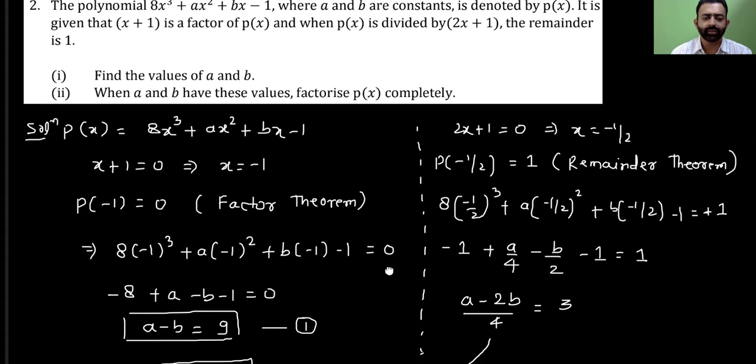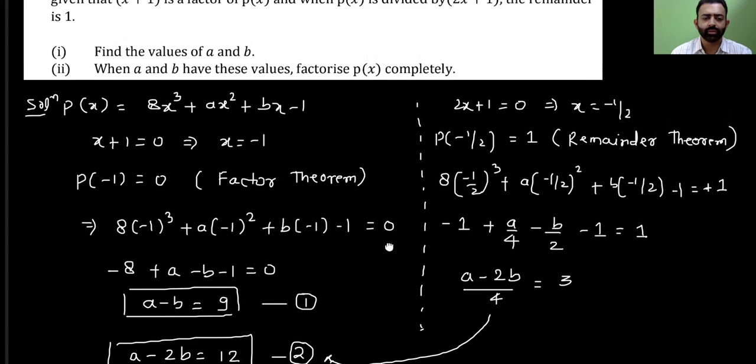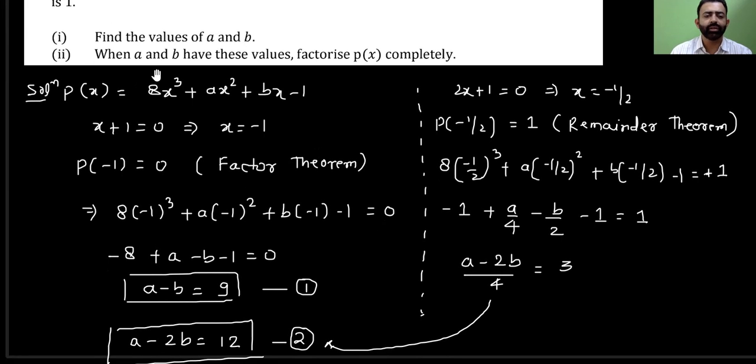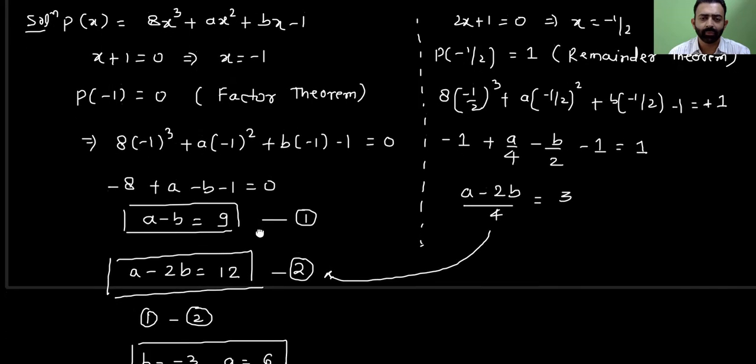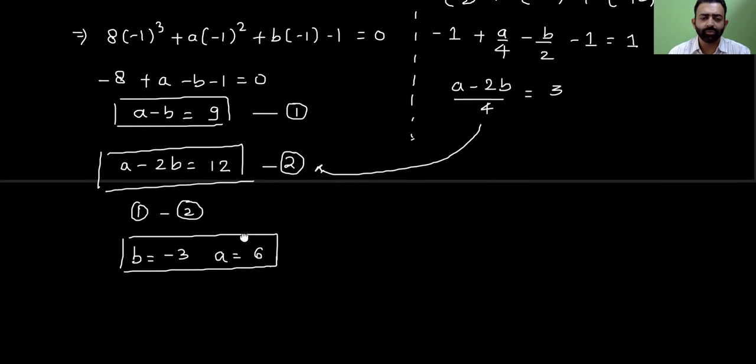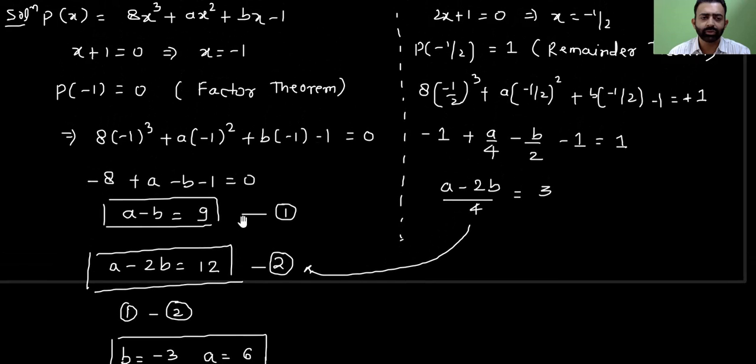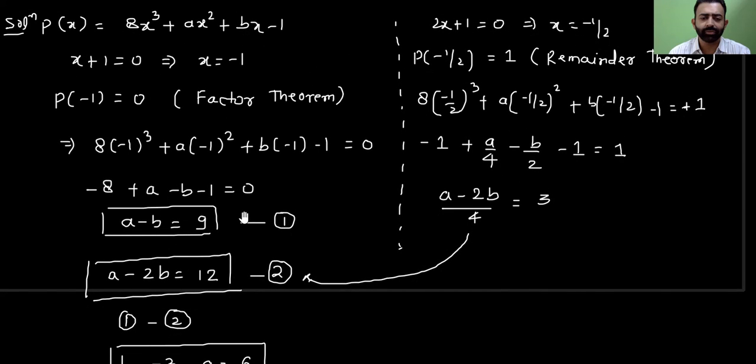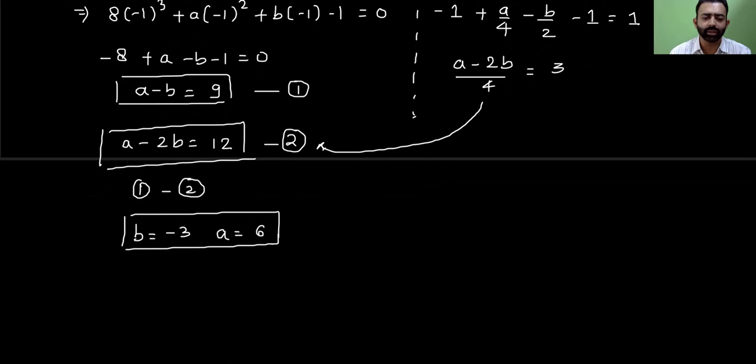Right, then it says when a and b have these values, we have to factorize p(x) completely. So now let us define our p(x), which is 8x cube plus ax square.